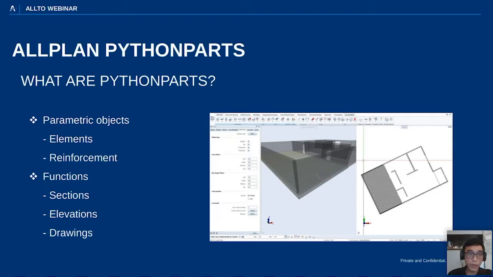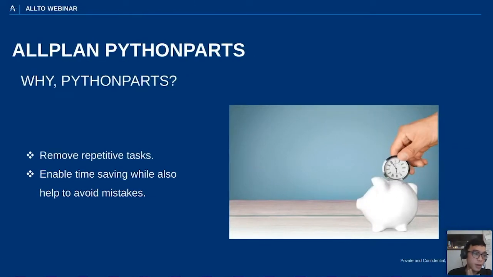So why do we need to use ALLPLAN Python Parts? Python Parts can be successfully used with recurring operations like creating a framework, adding a fixture and reinforcement mask and parts, generating drawings, etc. on standard elements.